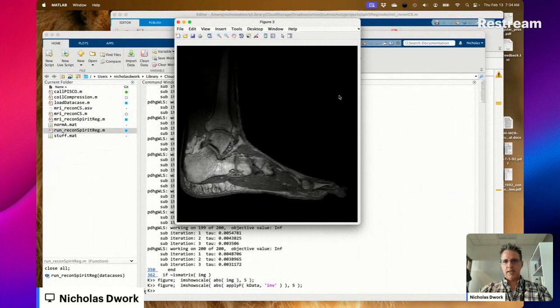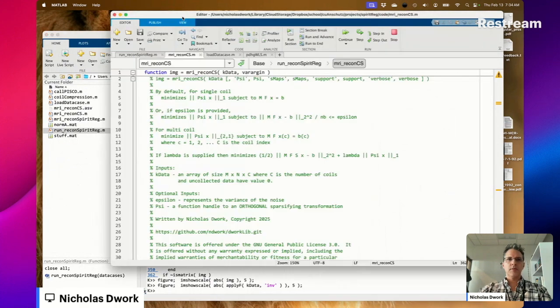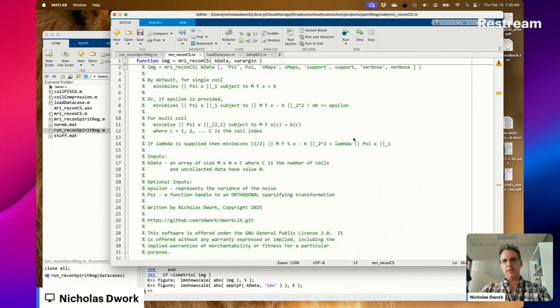And maybe that's because I didn't run for enough iterations or something. Subtly different. Significantly different, actually. PDHG doesn't give us the perfect answer unless we run for an infinite number of iterations. And of course, there's an epsilon, like it's not enforcing hard data consistency.